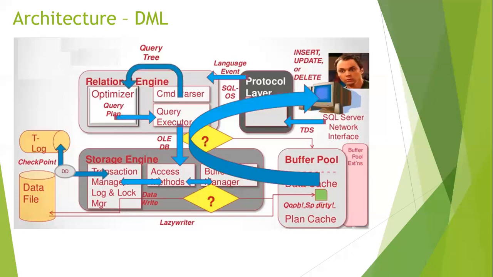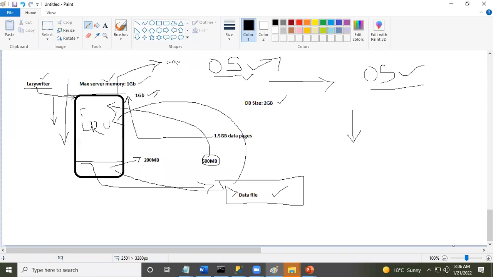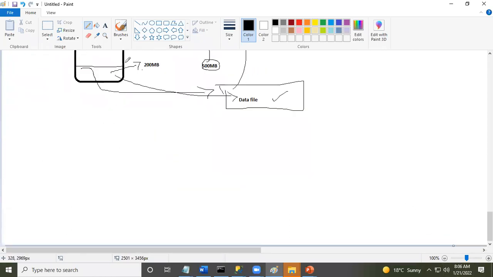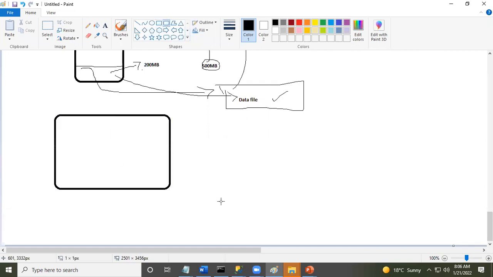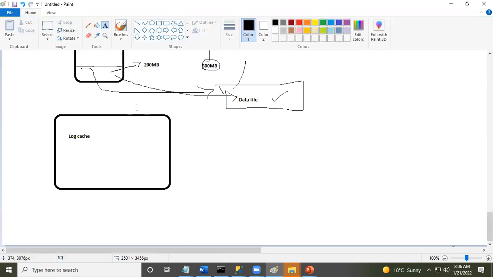The log cache will be flushed. I'll give you an overview. Consider this log cache. What is log cache? If we do any DML operations, the information is written to the log cache first.